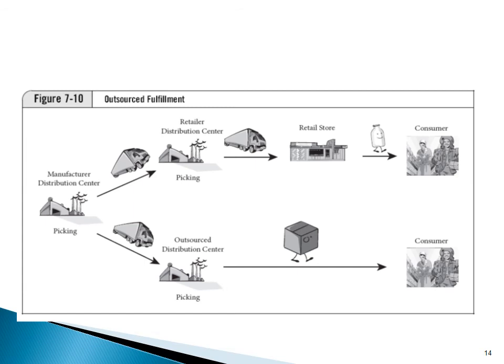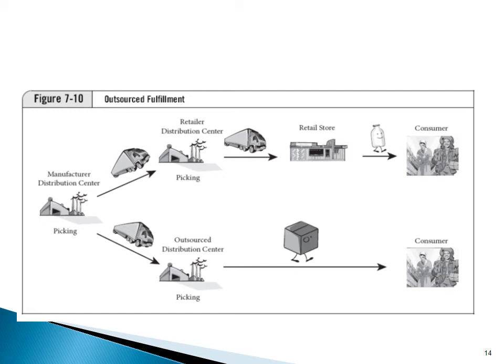So this slide talks about that outsourced fulfillment. We see that there are two channels. The one on the top is the traditional channel from the manufacturers to retailers to retail stores and finally to consumers.